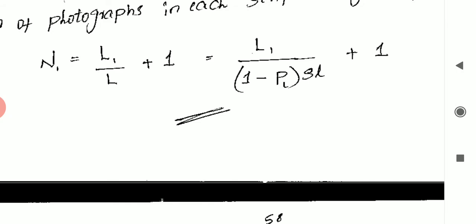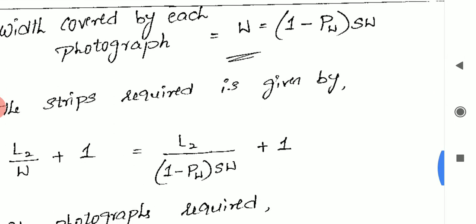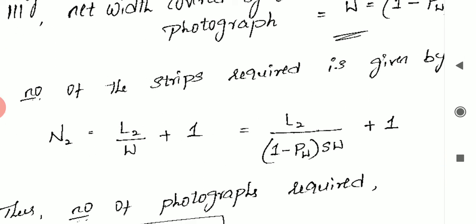Similarly, w = (1 - PW) × SW, so N2 = L2 / w + 1. Then we have to fill in the values.